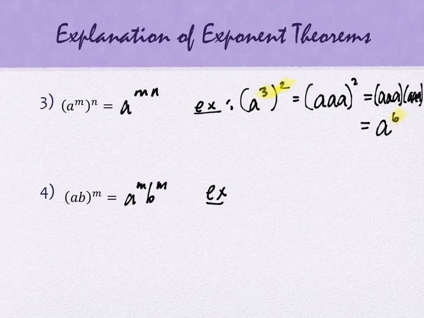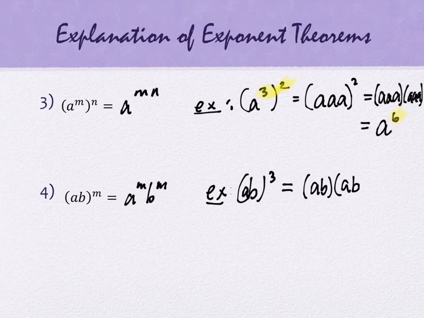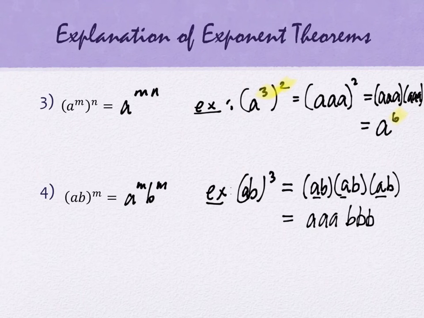Last one. We're going to do ab cubed. And of course, cubing means multiplying it by itself. So it's ab, ab, ab. And then what property or properties allows me to regroup the a's all together and write a, a, a, and then regroup the b's all together and write b, b, b?